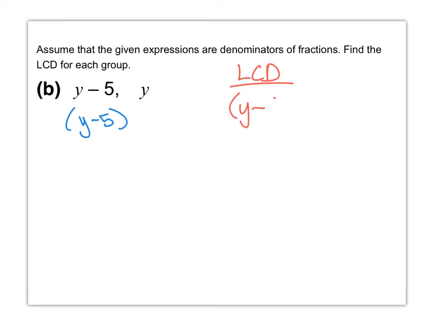Our LCD is going to have y minus 5 as a factor since y minus 5 is a denominator, and the LCD is also going to have that factor of y. So the LCD can be written as y minus 5 times y, or it can be written as y times y minus 5, and we typically leave our denominators in factored form.